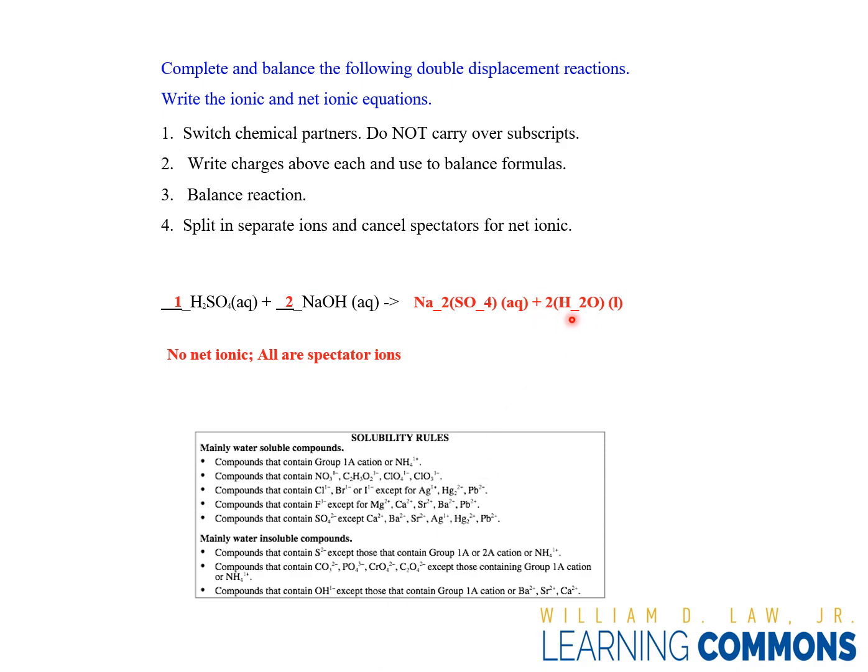I have to make them equal. I add 2 here to make it 4 hydrogen, and 2 here is 2 hydrogen, and I also add 2 to make it 2 hydrogen.